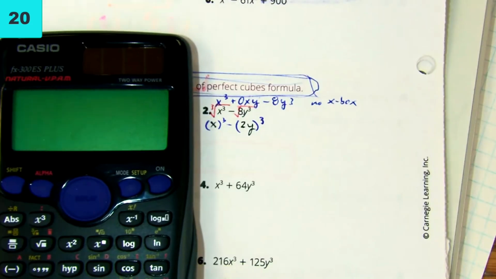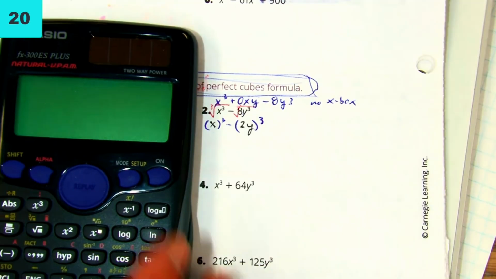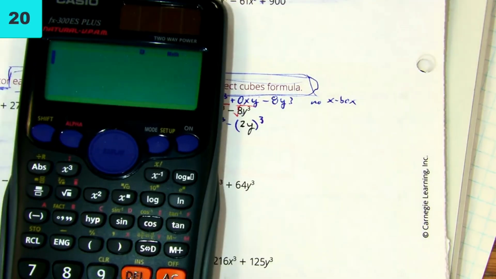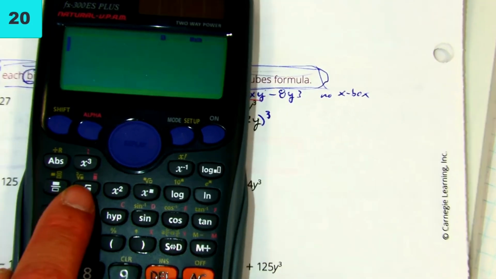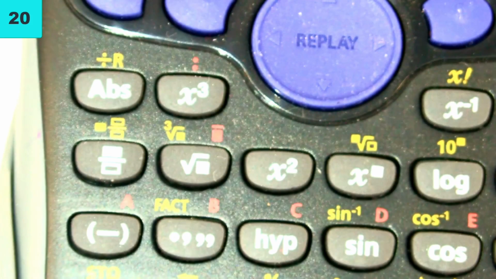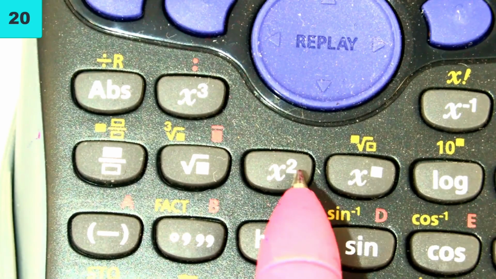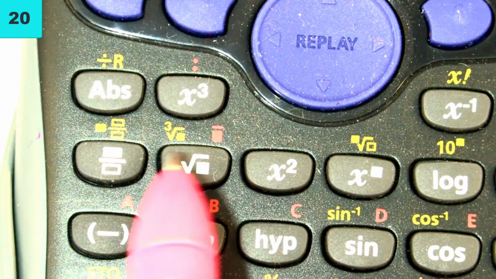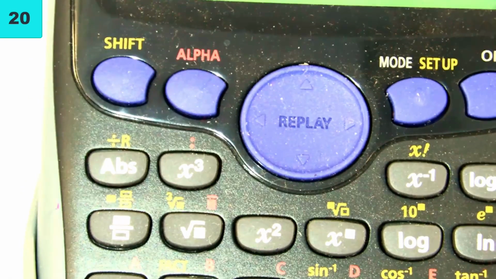If you have a Casio, let's just say I want to find out the cube root of 8. I'm going to press on. The cube root is here in yellow, and it's usually next to the exponent button. Here's an exponent button, so right next to it should be the square root button. And here the cube root is in yellow, so I'm going to have to press shift and then the cube root.